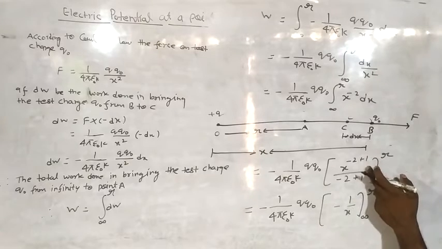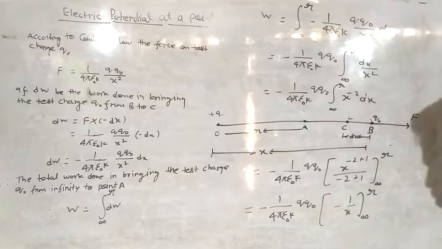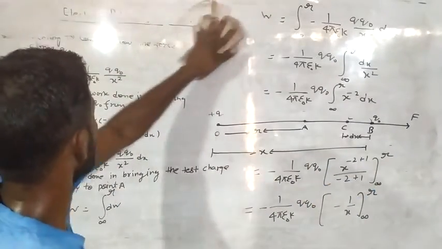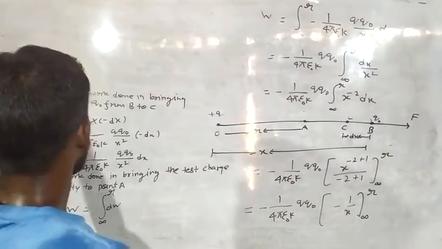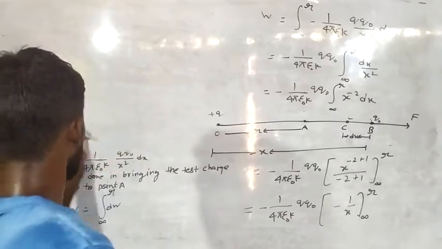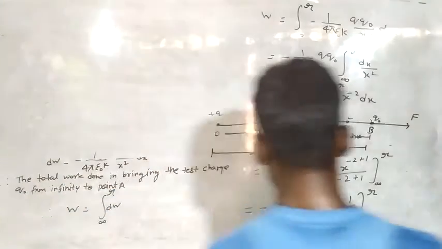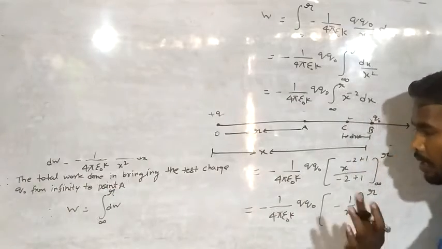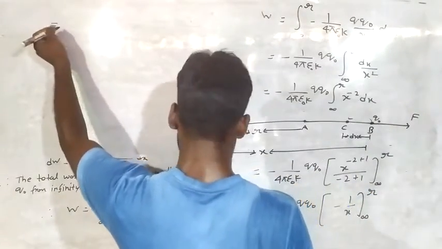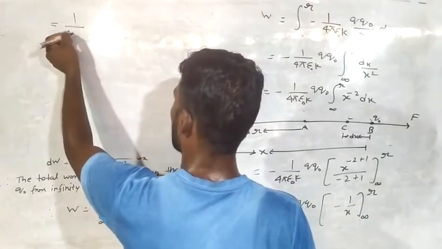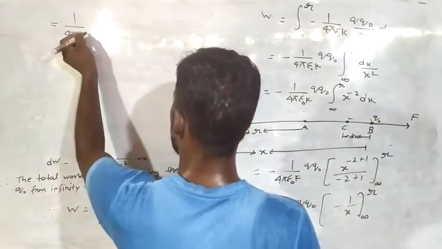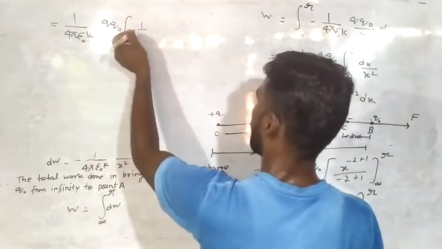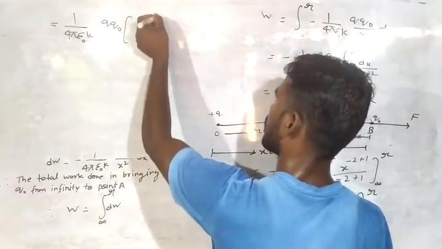Now we simplify some more steps. This minus will become plus, so we get 1 upon 4 pi epsilon naught k Q Q naught times 1 upon x from infinity to r.